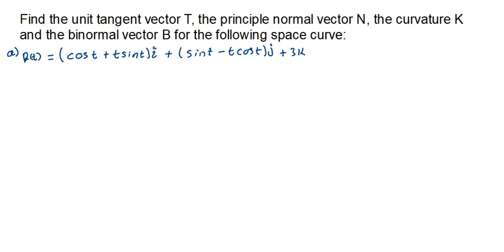First of all, I'm starting with finding the unit tangent vector, which is my T. What I need to do here is find the first derivative of that vector valued function. If we differentiate this part, we are going to get minus sin t plus, this is a product of two functions.